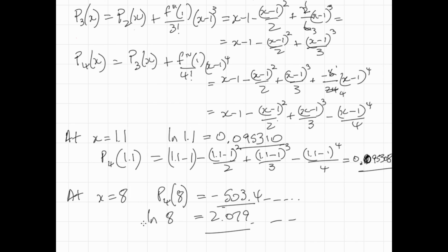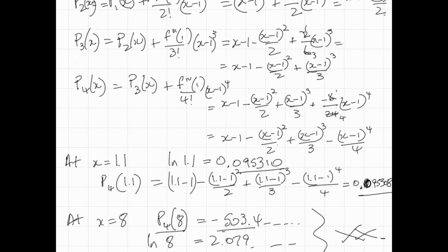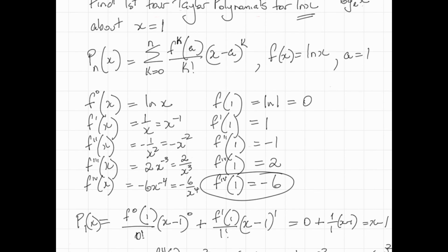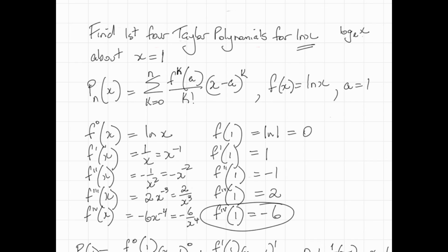So you can see that as you get away from our x equals 1, the polynomial is not a really good approximation whatsoever. Not good. But if you choose a point that's close to x equals 1, in this case 1.1, you get quite a good approximation.